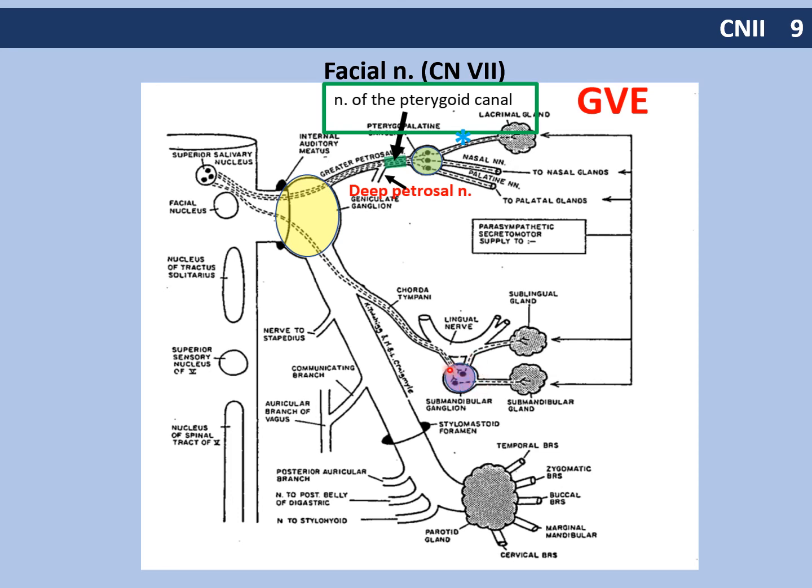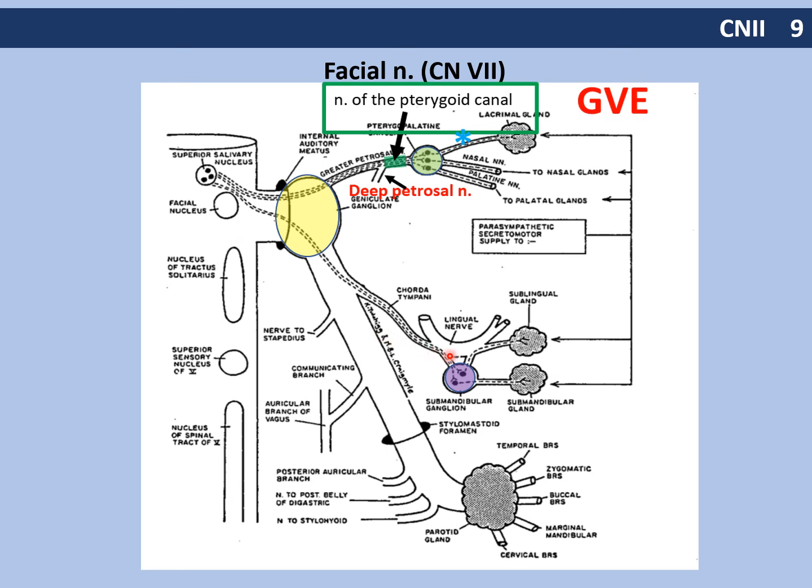Postganglionic parasympathetic fibers either jump back on the lingual nerve to ride to the sublingual gland, or they go directly to the submandibular gland. These are parasympathetic general visceral efferent fibers, GVE fibers.